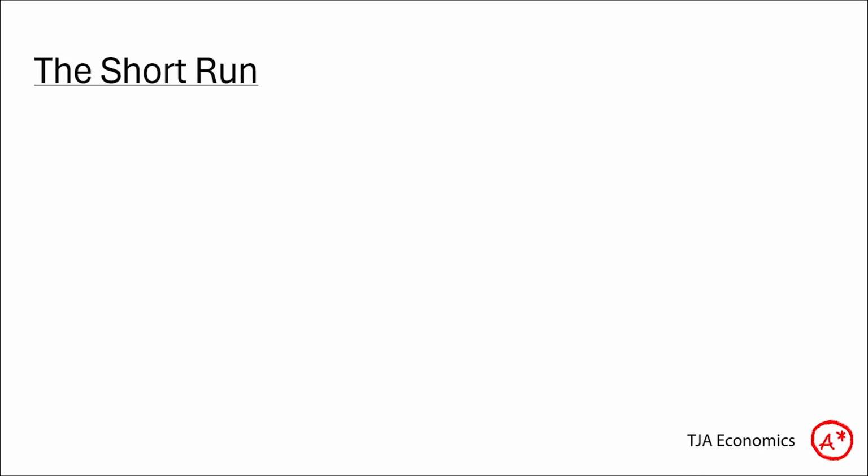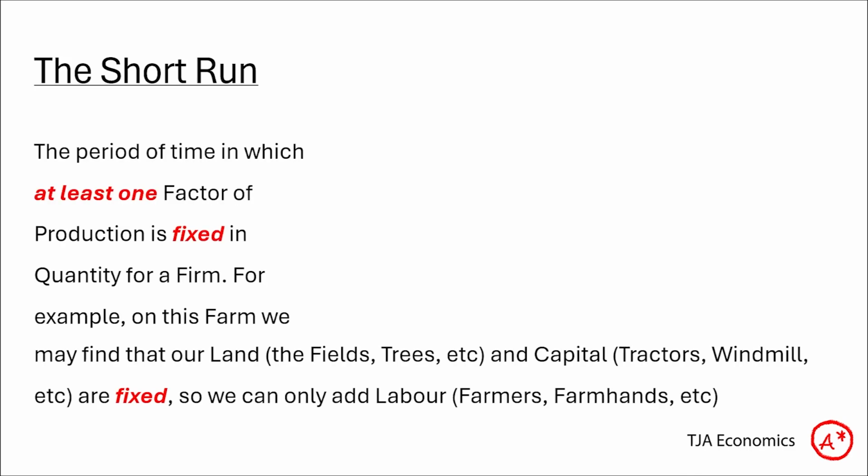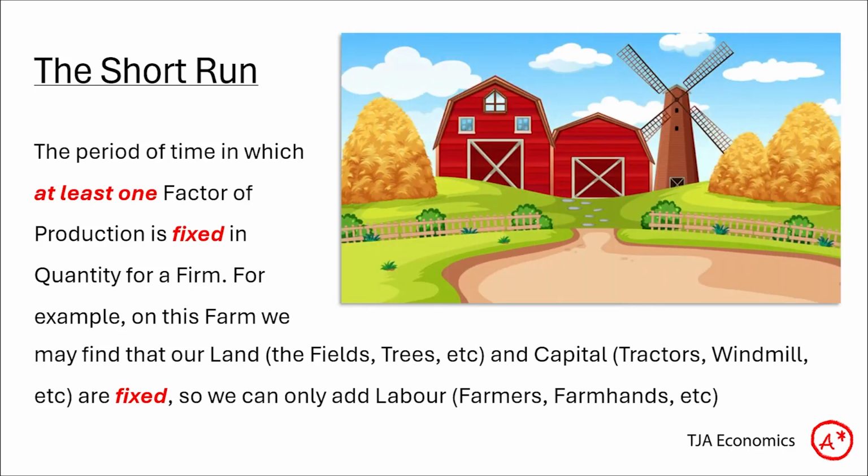The short run then. What is the short run? The short run is the period of time in which at least one factor of production is fixed for a firm. For example, we have a farm here, and we may find that our land, i.e. the fields, the trees, anything natural, and the capital, the tractors and the windmills, are fixed. It's the period of time in which I cannot add any fixed factors, land or capital.